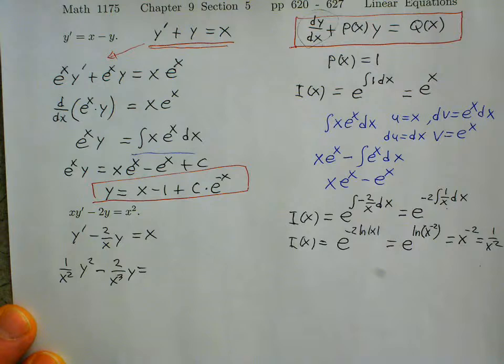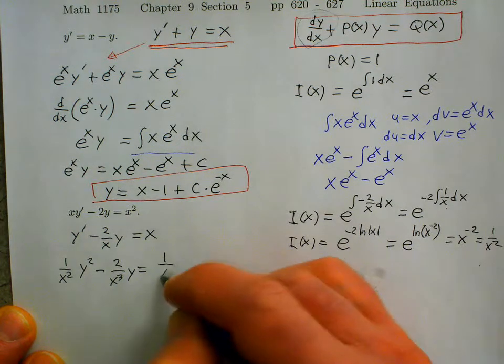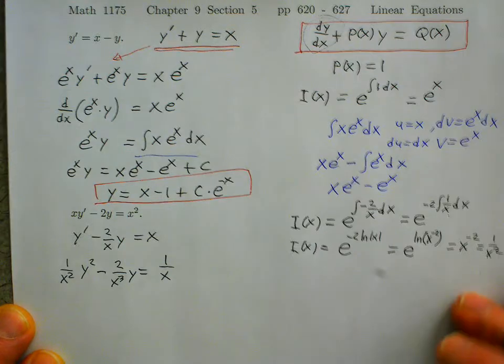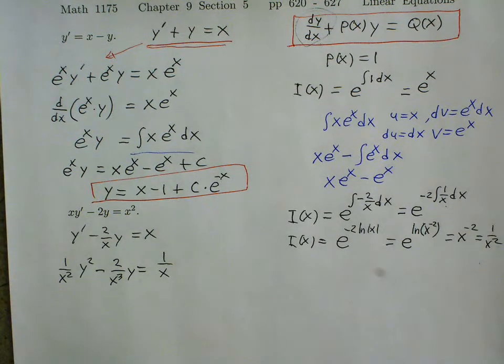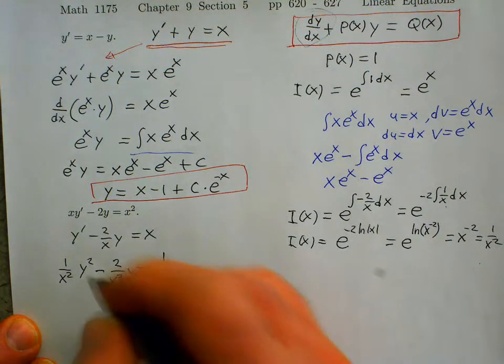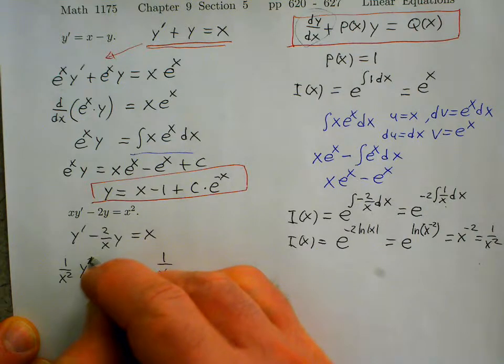And on the right-hand side, x times 1 over x squared is 1 over x. Okay, the left-hand side, why did I write y to the second? I don't know. This is y prime.